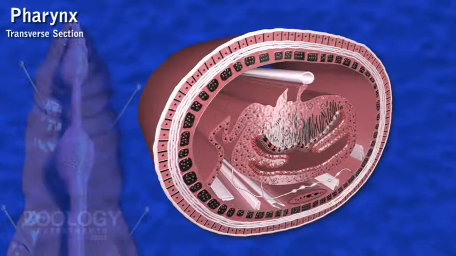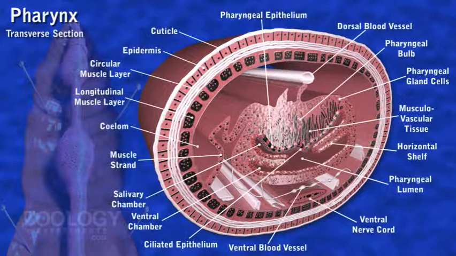Buccal chamber is followed by a spacious, pear-shaped, muscular pharynx which extends up to the fourth segment. Its anterior end is marked by a nerve ring placed in a transverse groove between it and the buccal chamber.